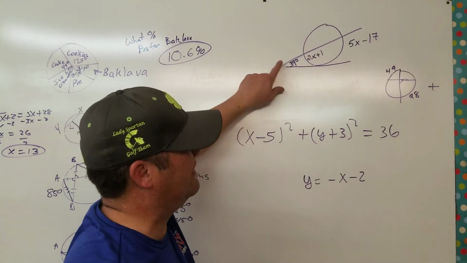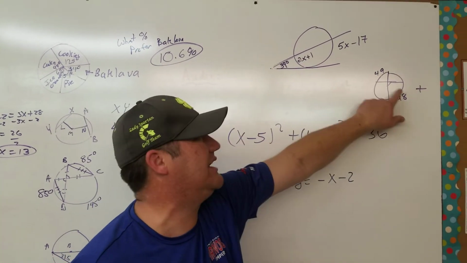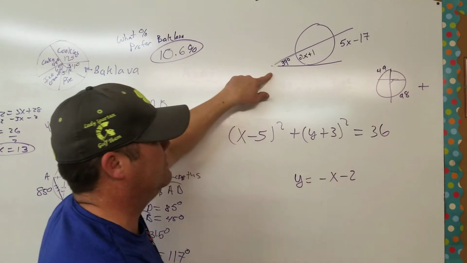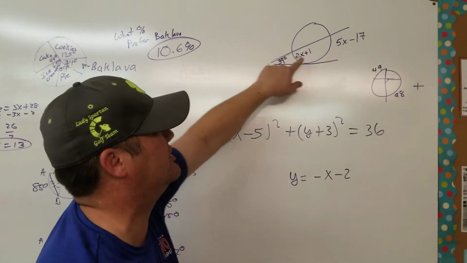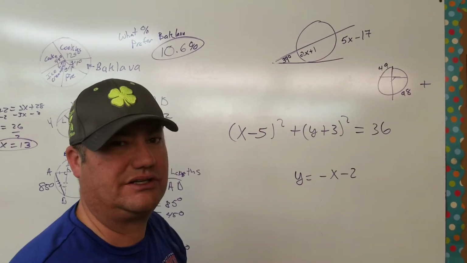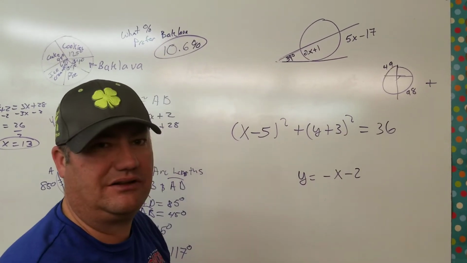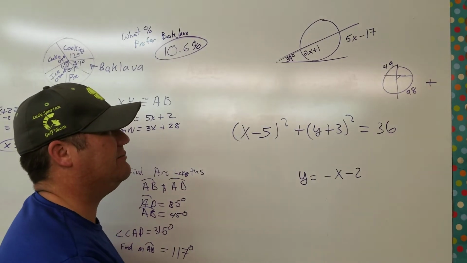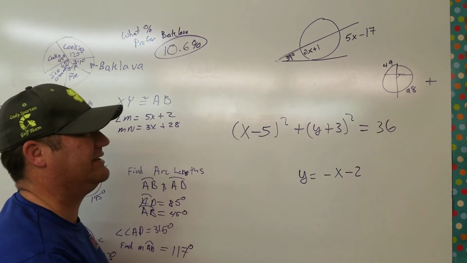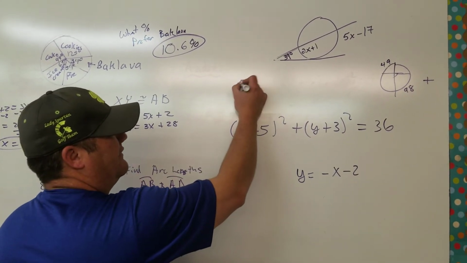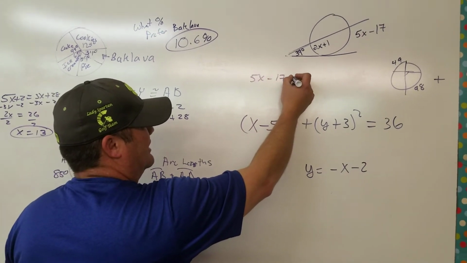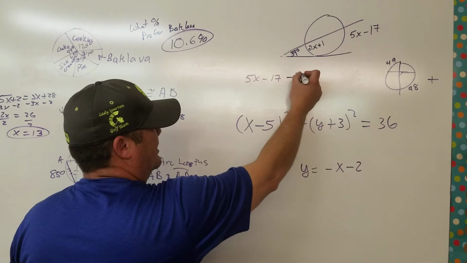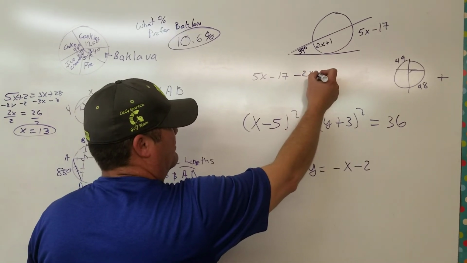Here, because it meets on the outside, notice these meet on the inside, you add on the inside, you subtract on the outside. So therefore, we're going to subtract these two arcs and set them equal to the angle. Okay, or sorry, set them equal to twice the angle. So I'm going to take 5x minus 17 minus 2x minus 1.